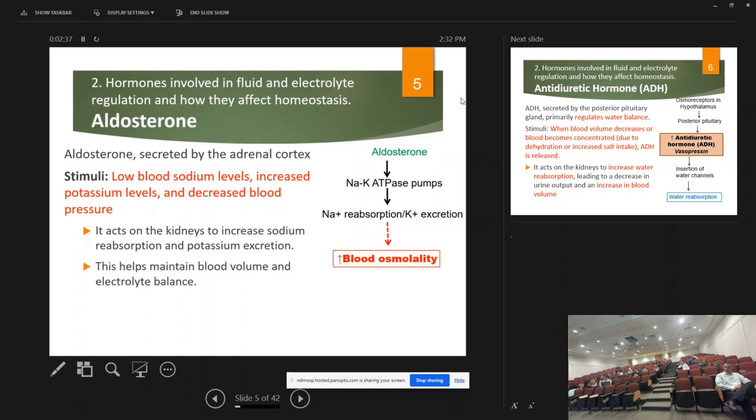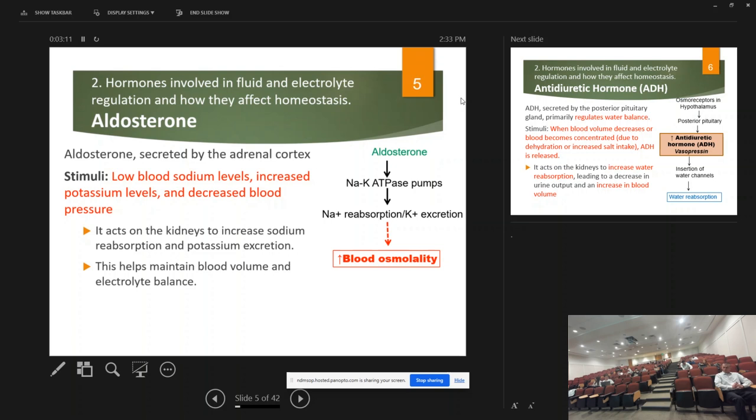I heard adrenal cortex, right? Which sits on top of the kidney. So when the kidney senses low sodium, increased potassium, or decreased blood pressure, it relays that information and aldosterone is released. Once aldosterone is released, through the sodium-potassium ATPase pump, it will cause reabsorption of sodium and excretion of potassium.